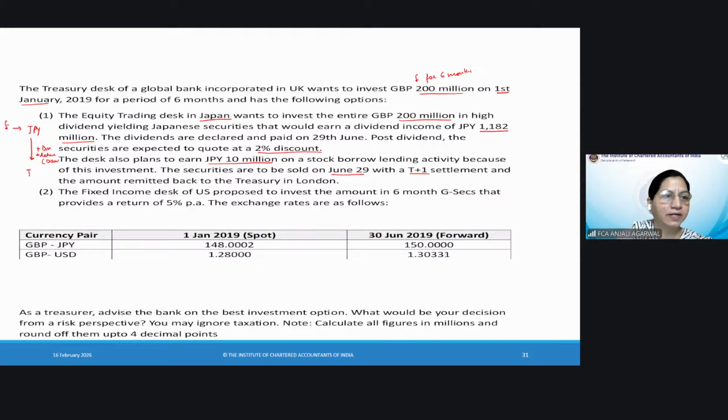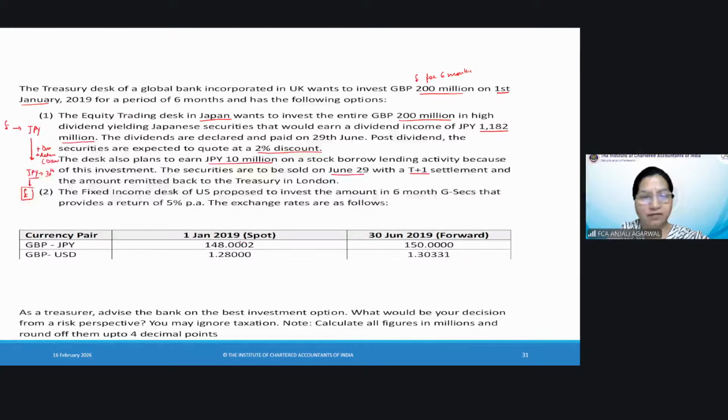So you end up getting this much money on 29th June. So plus with T+1 settlement, on 30th June, you will end up having these many Japanese yen. These are again required to be converted into pounds.